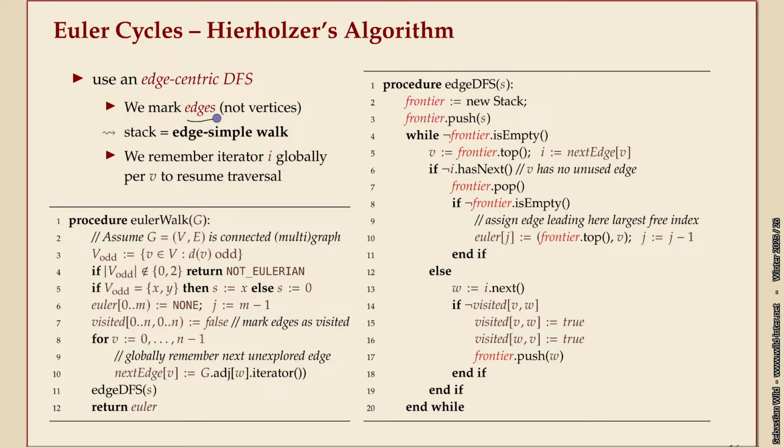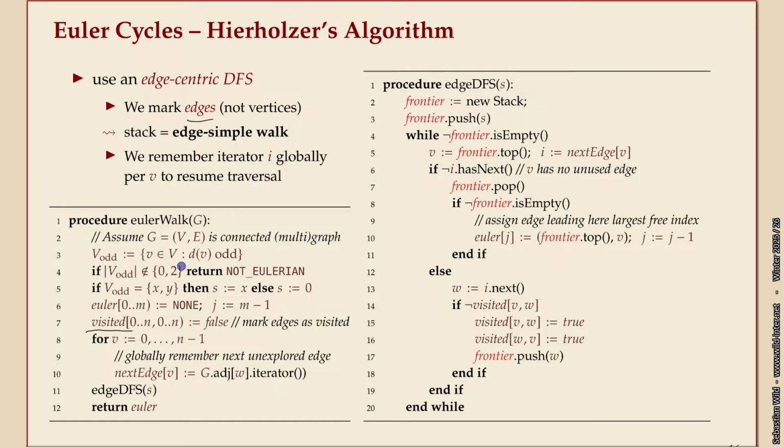So I have a visited array, which here is 2-dimensional. It has an entry for every possible edge. This could be a map from edges to true, false, just to write it more concisely. Otherwise, it's a standard depth-first search. You have a stack of vertices where you came from. In each point, we start with putting some start vertex on the stack.